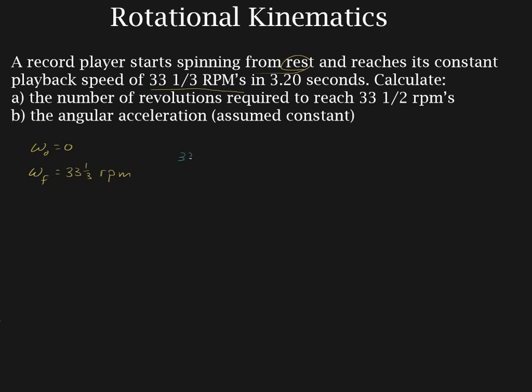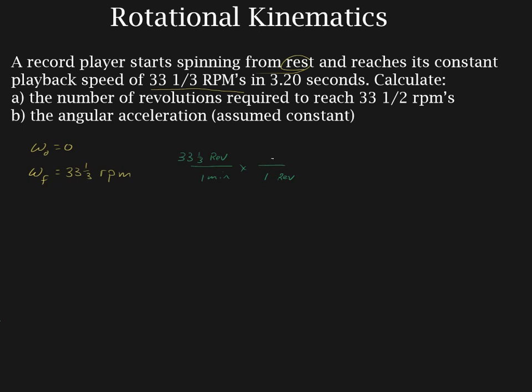So we have 33 and 1/3 revolutions in 1 minute, and then we're going to convert revolutions to radians, and we know that 1 revolution is going to be 2 pi radians. So we need revolutions to go on the bottom.